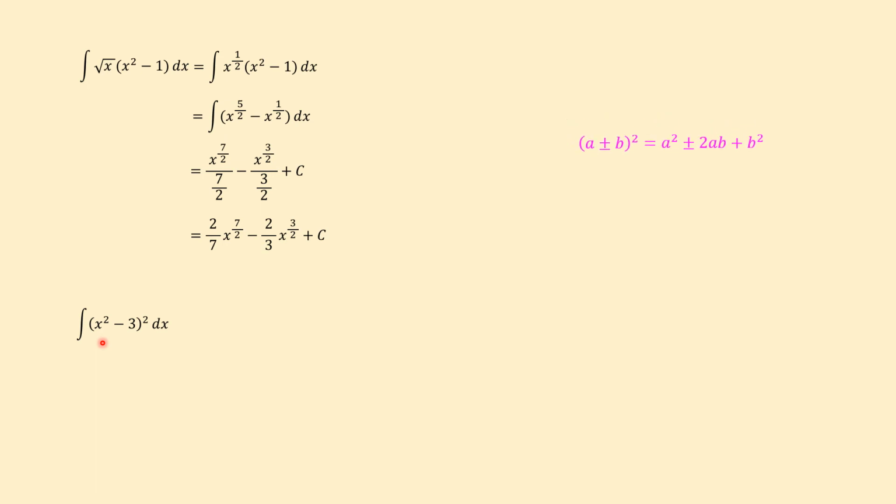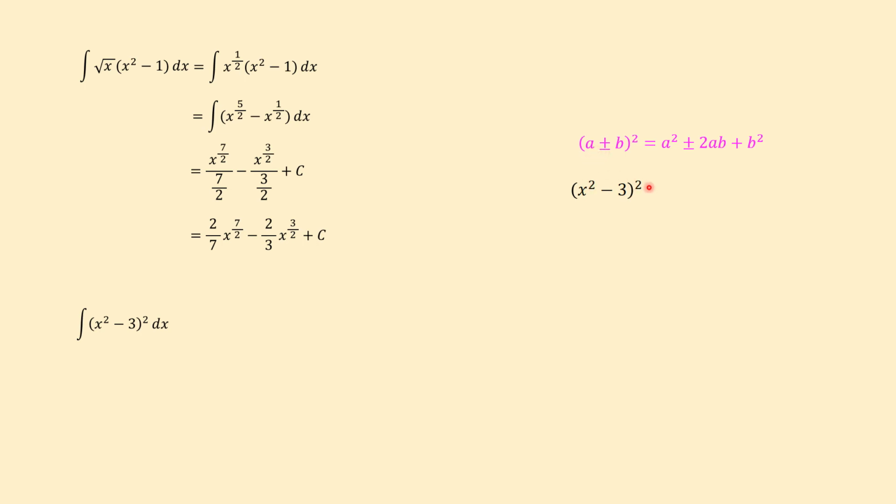To do that, you can use this identity: (a plus/minus b) to the 2 equals a to the 2 plus/minus 2ab plus b to the 2. Hopefully you know this identity. But if you don't know this identity, I will show you another way that you can rewrite this expression. But for now, let's use this identity and simplify (x to the 2 minus 3) to the 2.